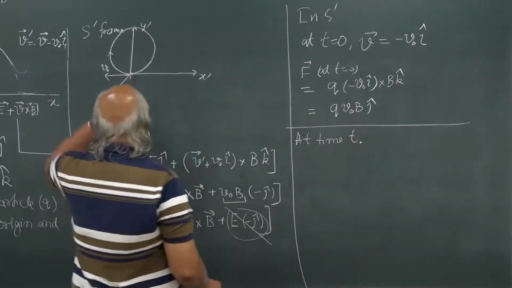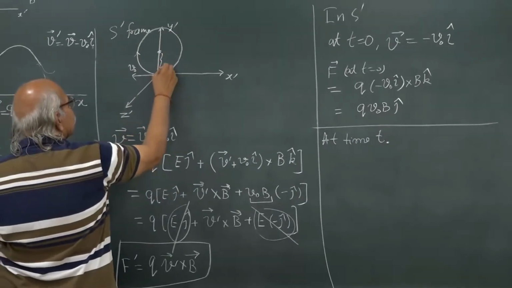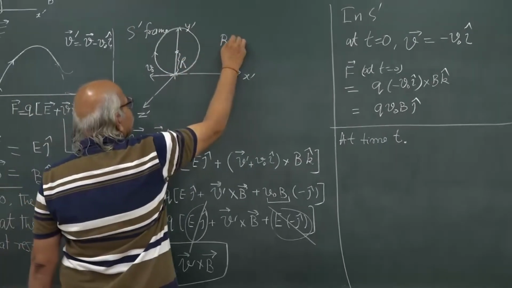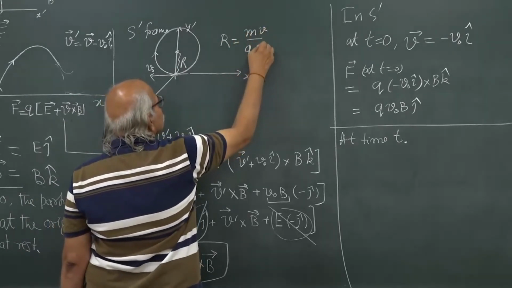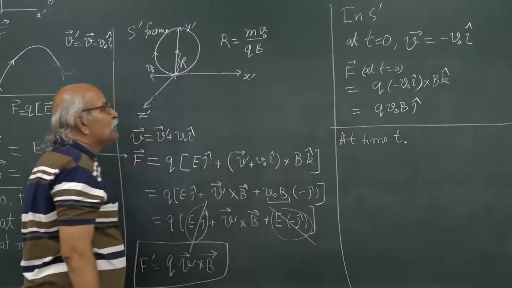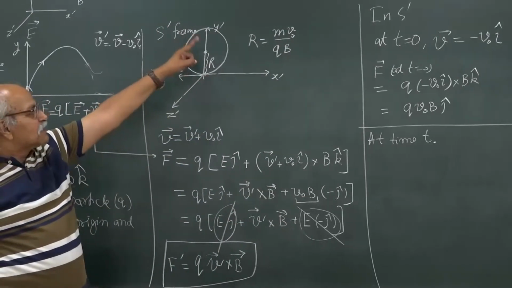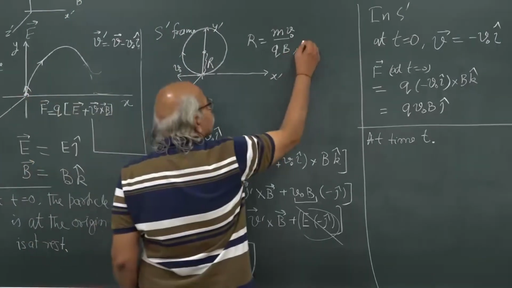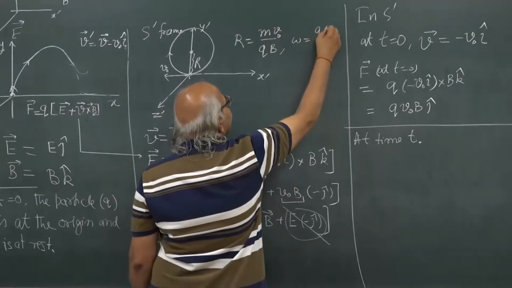You know all the characteristics: the center will be here, and this will be the radius, and how much will be the radius? We have calculated it, m v naught by qB. So m v naught by qB, this will be the radius, and then it will have an angular velocity, and that angular velocity will be qB by m.